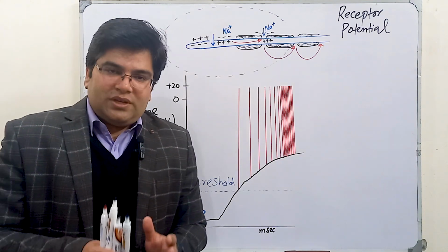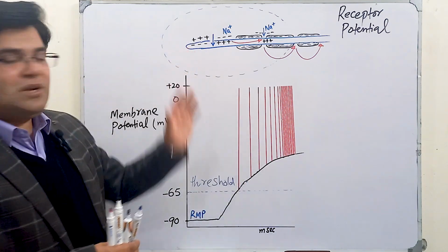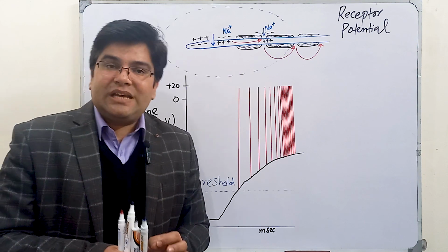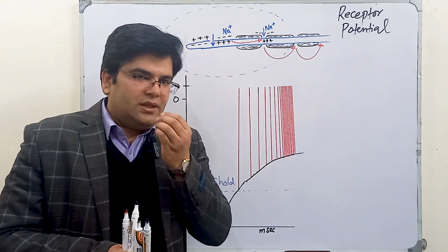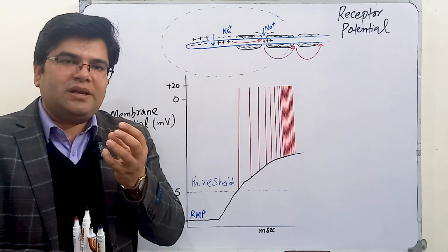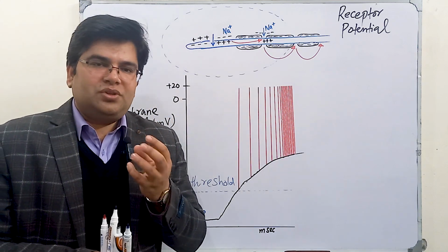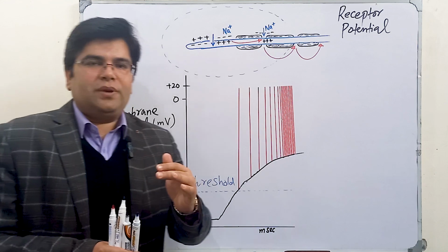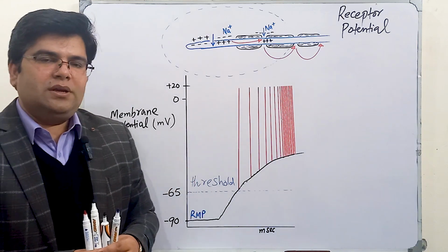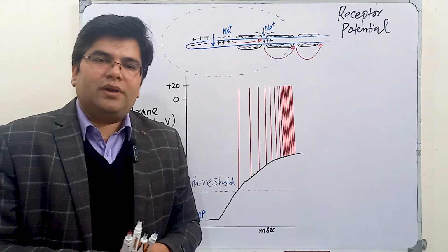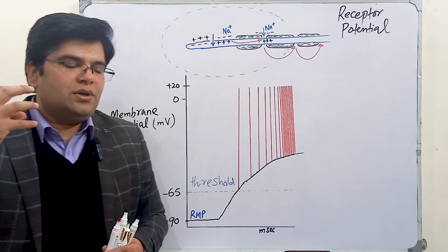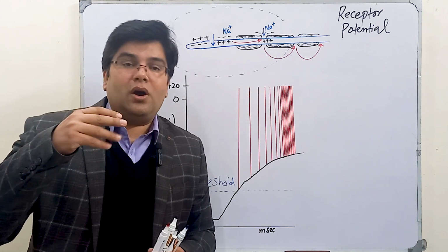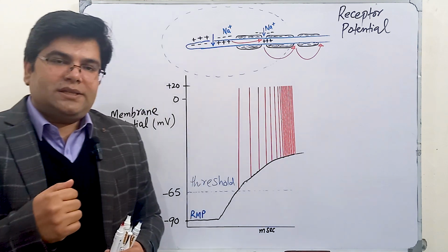In most of the receptors in our body, this receptor potential is produced by a change in the permeability of some ion channels. For example, in the tongue, when chemical signals are applied to the taste buds, there is opening of some kind of ion channels. Similarly, in the hair cells in the internal ear, the mechanical stimulus of sound causes the opening or closure of ion channels.